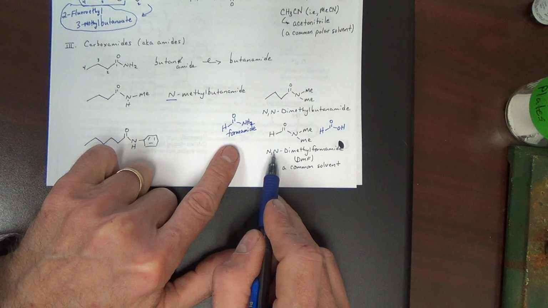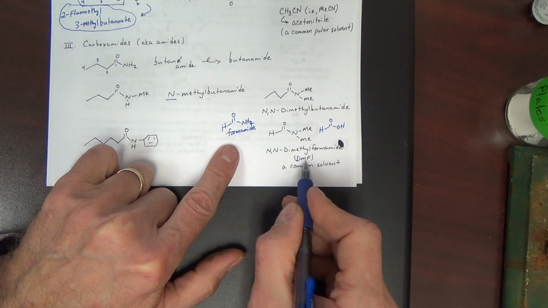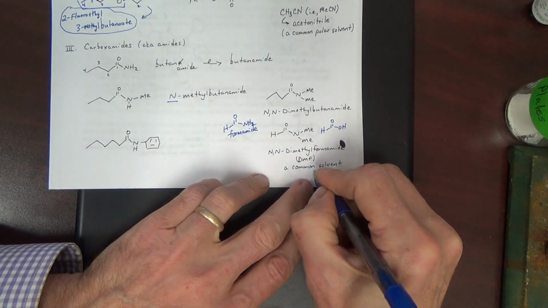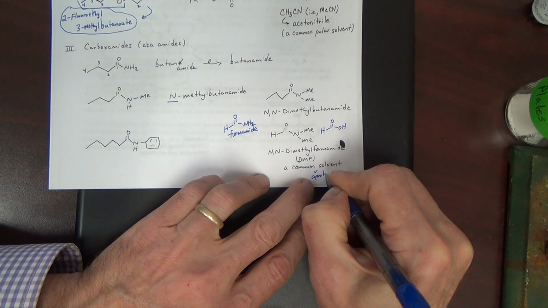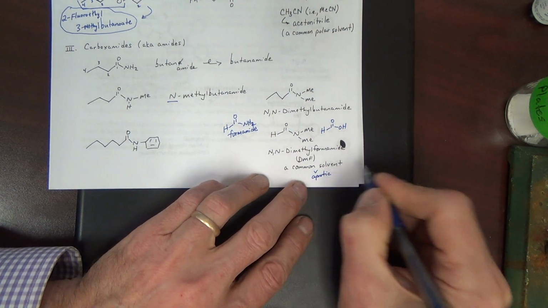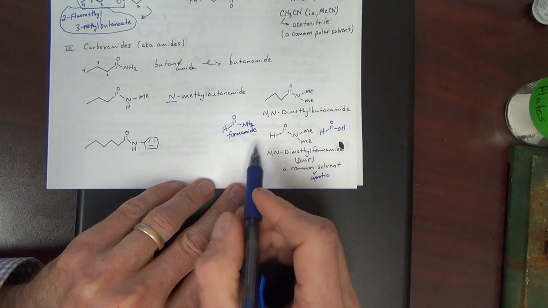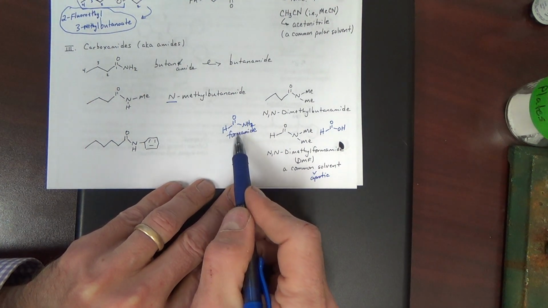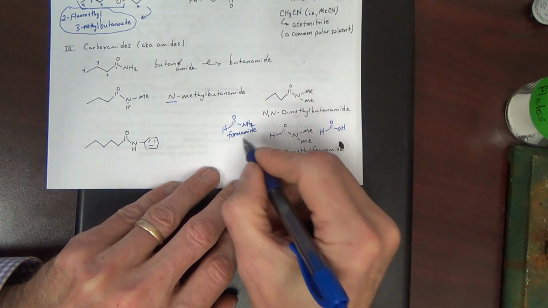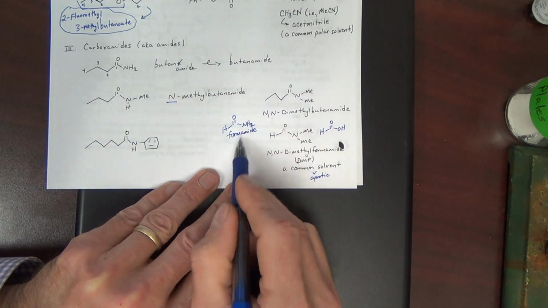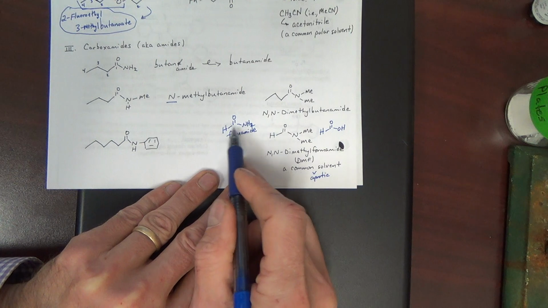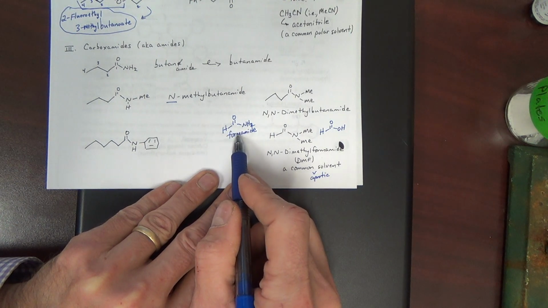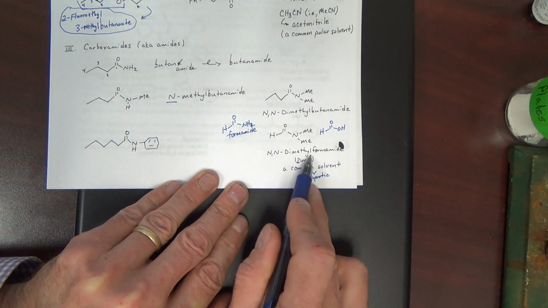But this is called N,N-dimethylformamide, or DMF, a common aprotic solvent, where formamide would be a protic solvent, although actually I think formamide is a solid. I'm not sure. Maybe a solid, and if it's a solid, you're going to have a tough time using it as a solvent. But DMF is a liquid.